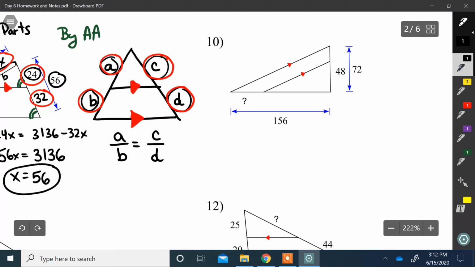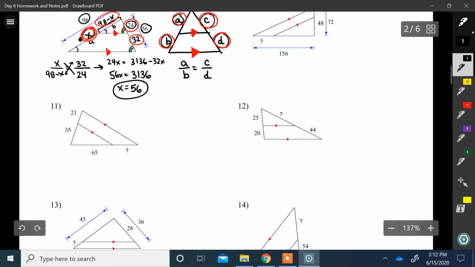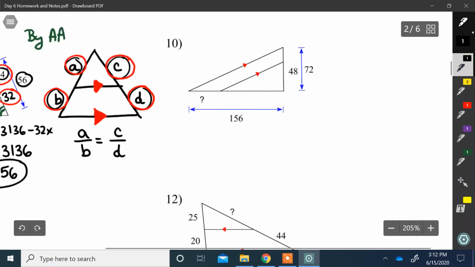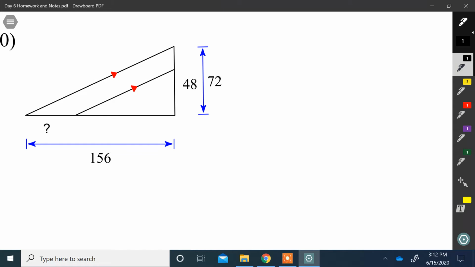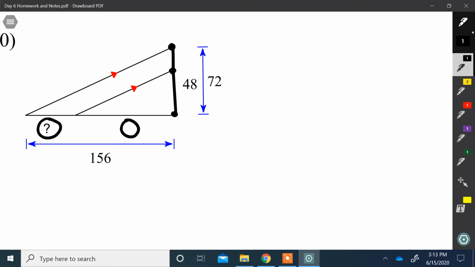So I'll do number 10. I'll do number 21 for 11 again. I'll set up number 10 for you so you understand what to do. But the idea is that you want to do this divided by that is equal to this divided by that. So once again, this we already know. It's 48. But we have to figure out what this is right here. That's easy. 72 minus 48 should equal 24. So that's that part right there.